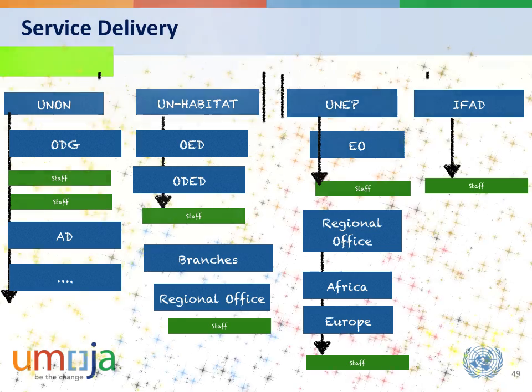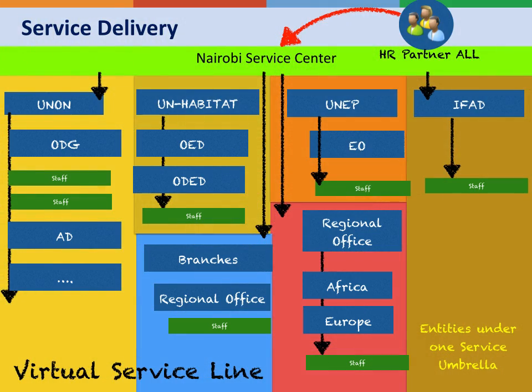And then what we can do is create a virtual component called Nairobi Service Center, and all the people assigned to the virtual service center are provided with an enterprise role called HR partner all.